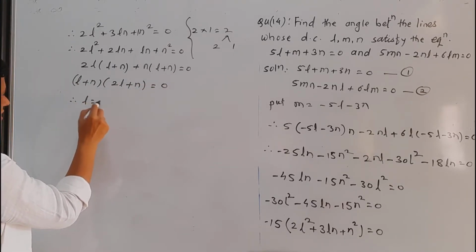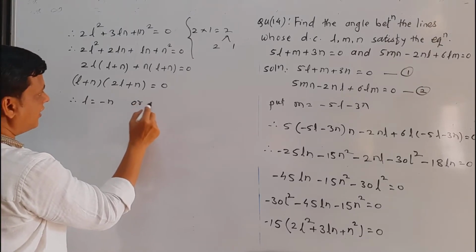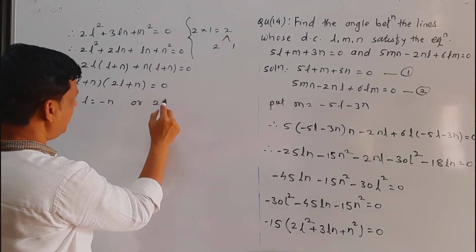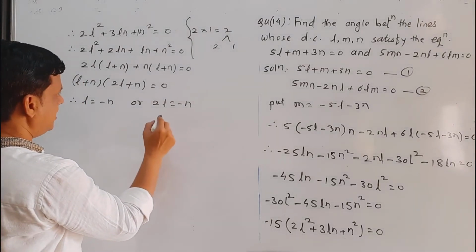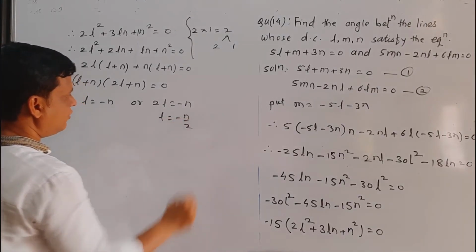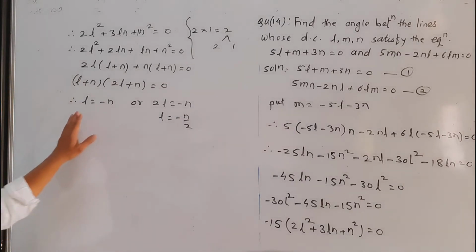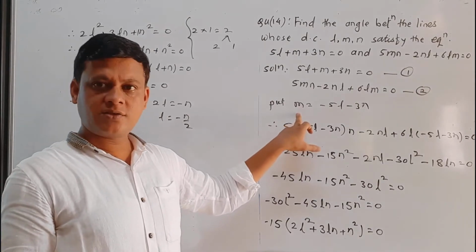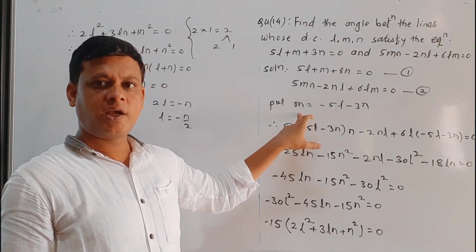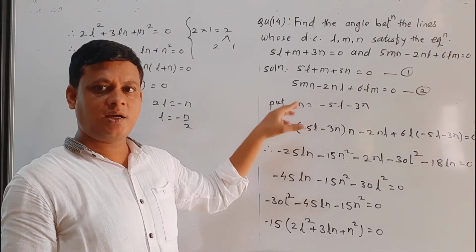Therefore l is equal to minus n, or we write 2l is equal to minus n. That means here l is equal to minus n by 2. Now we substitute this value of l in this equation, so we get the relation between L, M, N.